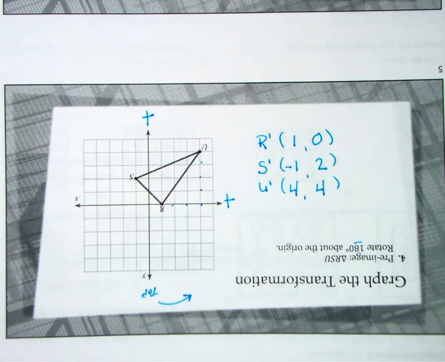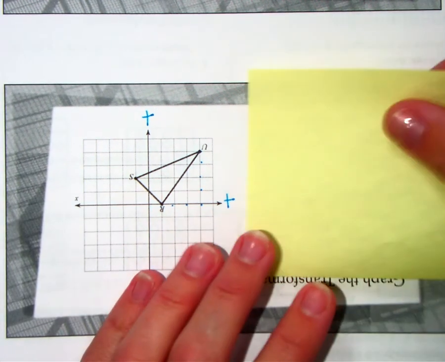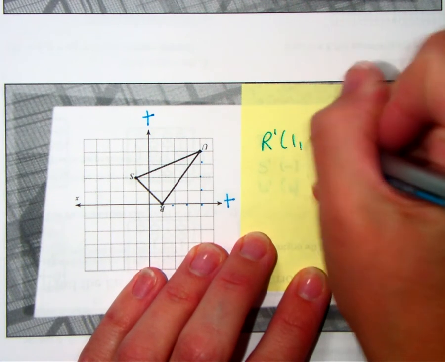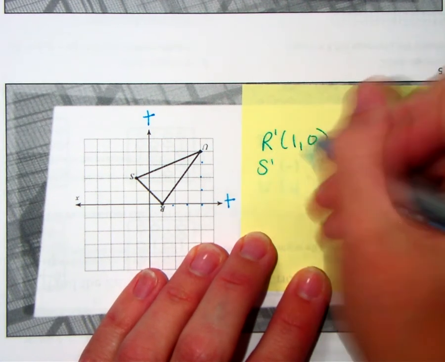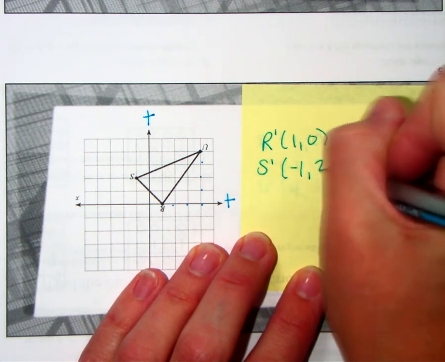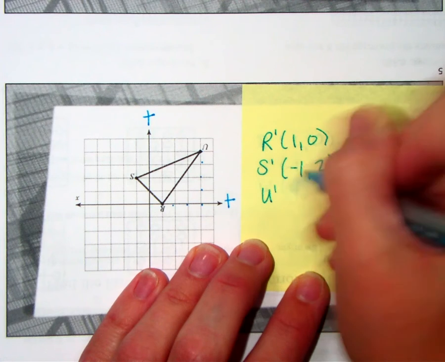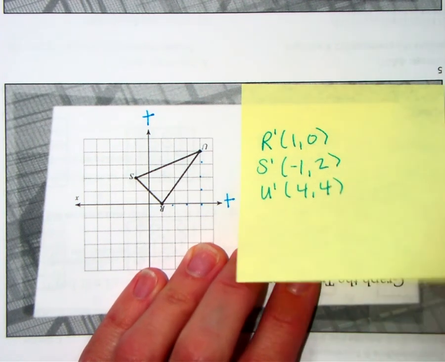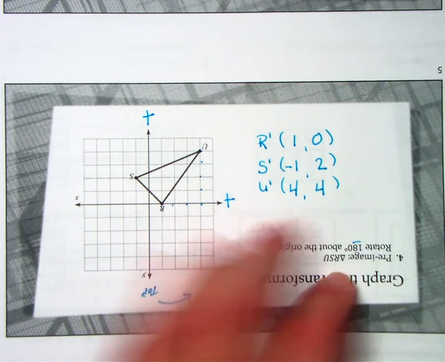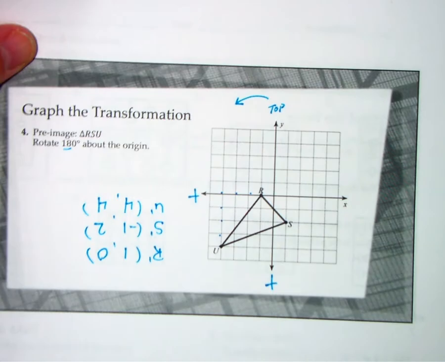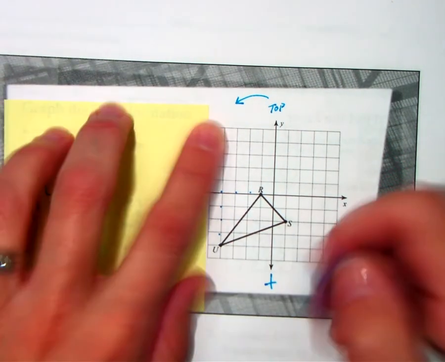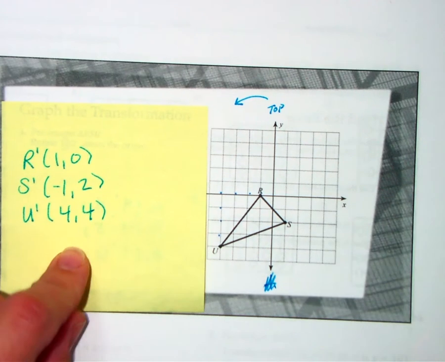If you would prefer to put those coordinates on a sticky note, because maybe you're not good at reading the numbers upside down, or when you have them upside down you just make mistakes, then you can pick up the sticky note, and when you turn the paper back to the original direction, you have your coordinates right side up for yourself.